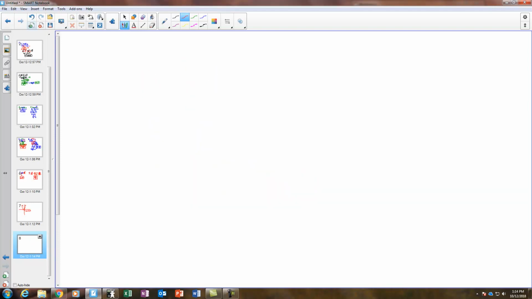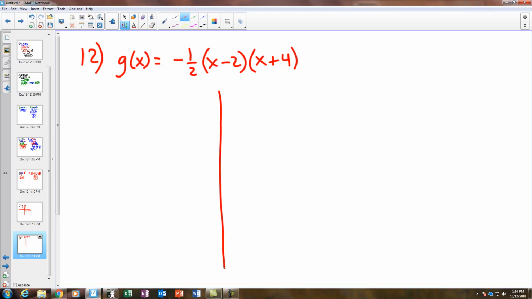Okay, number 12, it might look different, but it's not. g of x equals negative 1/2 times (x minus 2) times (x plus 4). Now there is one benefit to this version that we like, and that is that if we can tell what makes these two things 0, which would be positive 2 and negative 4, we know that the graph has to cross the x-axis at those 2 points.